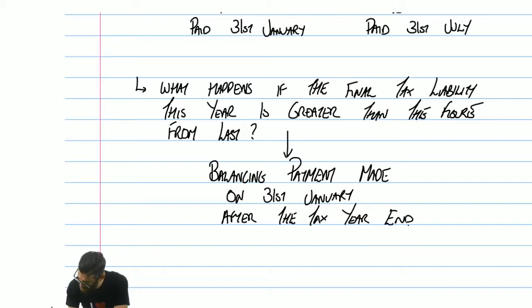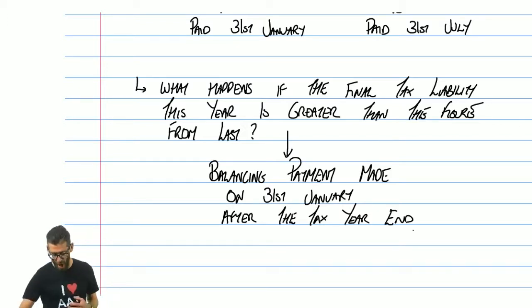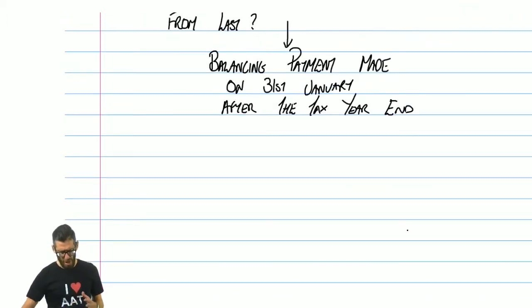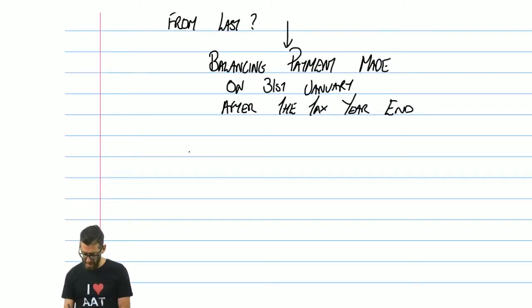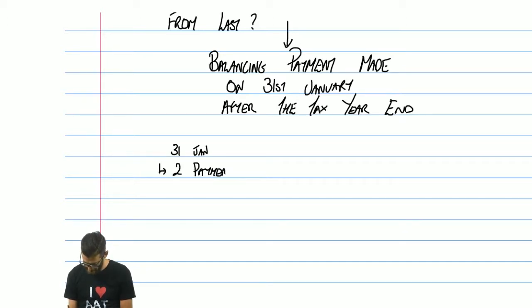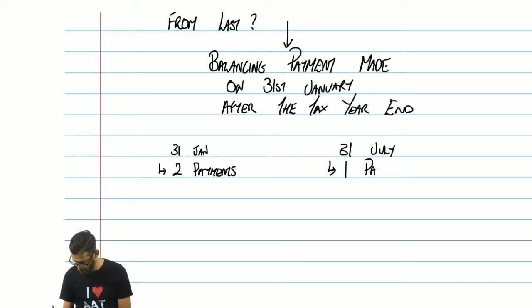So a balancing payment on the 31st of January after the tax year ends. So illustration here, the 31st of Jan, we're going to have two payments. And the 31st of July, we'll just have one payment.